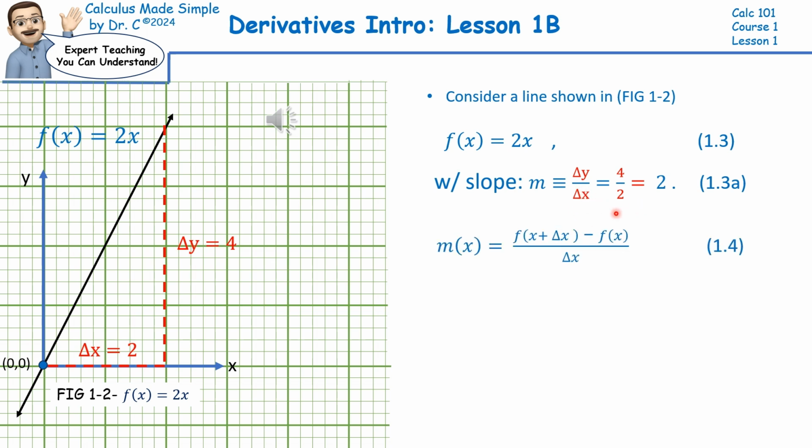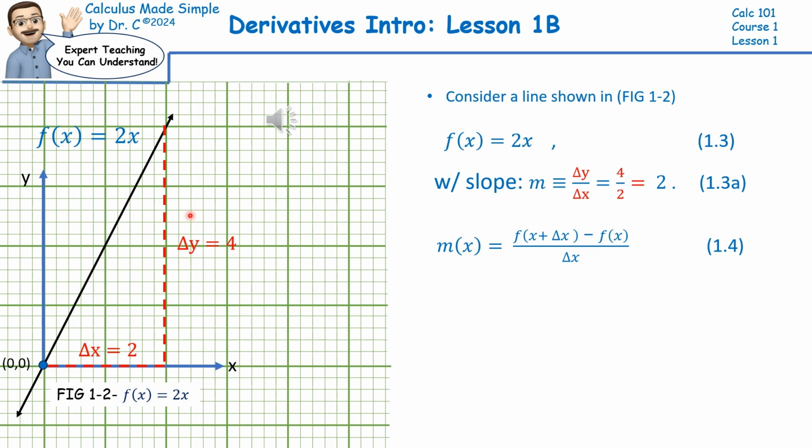And the slope formula, if we represent it by a function value, the function f at x plus delta x is this value here at this point, minus the function of x, which is this value of y.